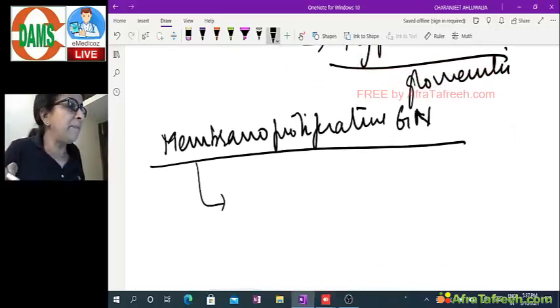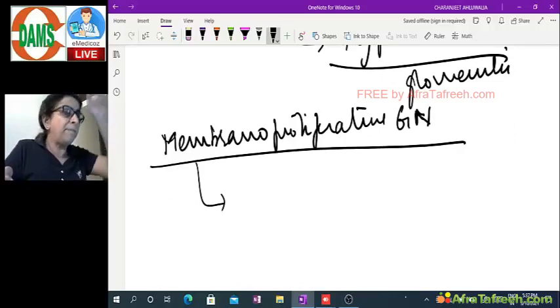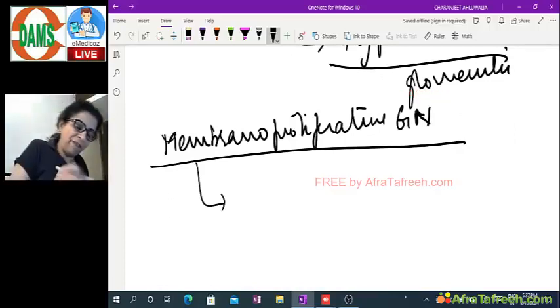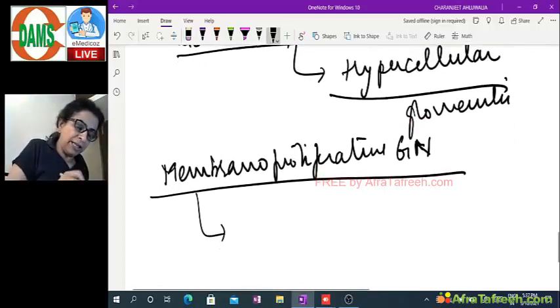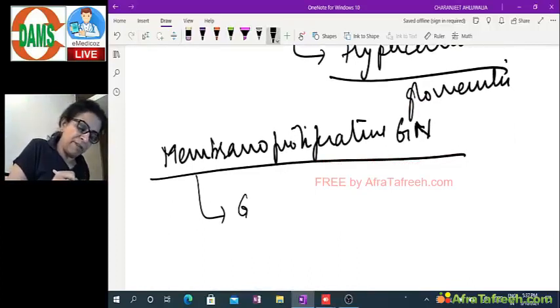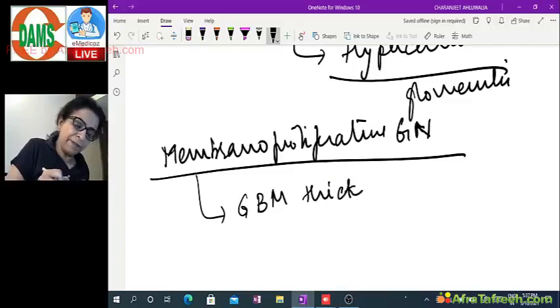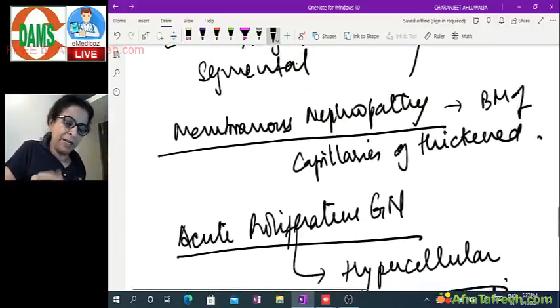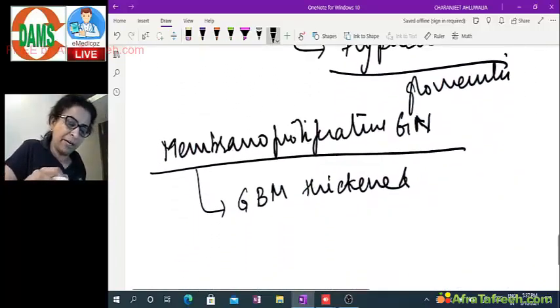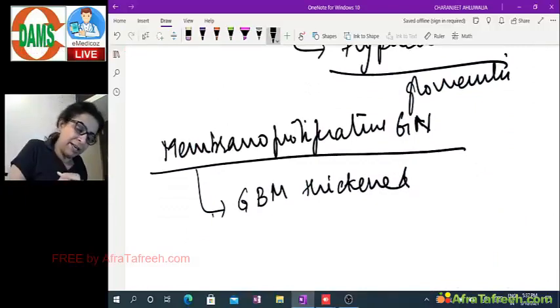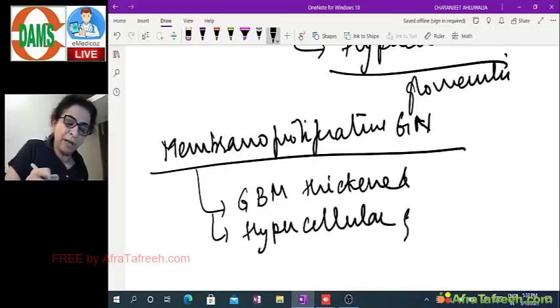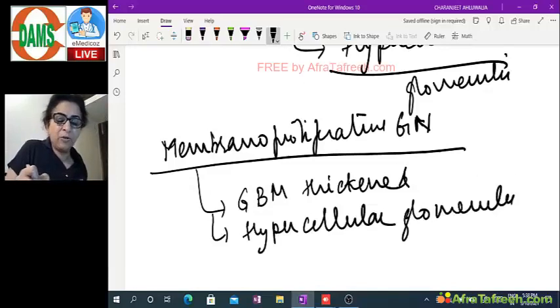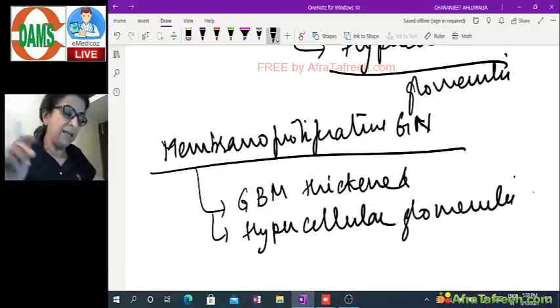When I use the term membranous plus proliferative, I imply that in this glomerulonephritis, number one, the glomerular basement membrane is thickened as in membranous, and second, the glomeruli are hypercellular also. Hypercellular glomeruli are also seen. So this is what I mean by these terms.